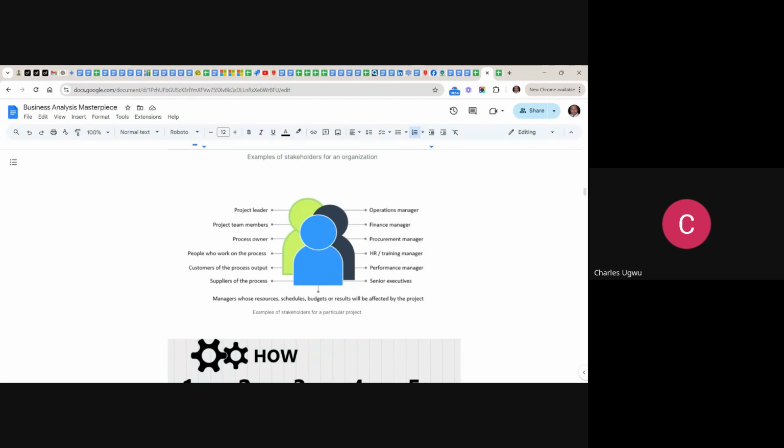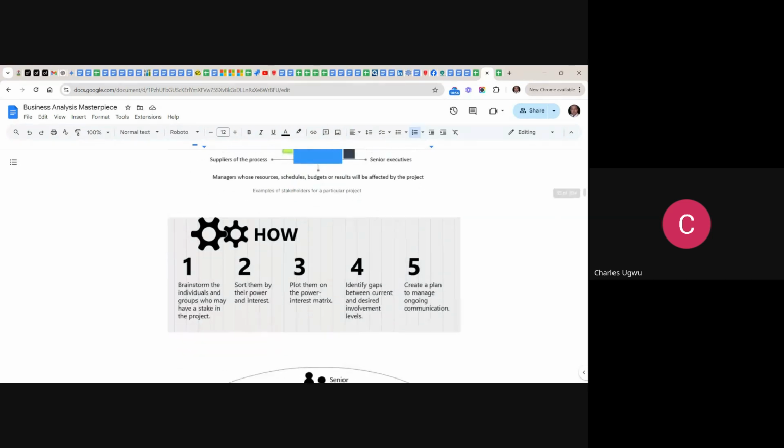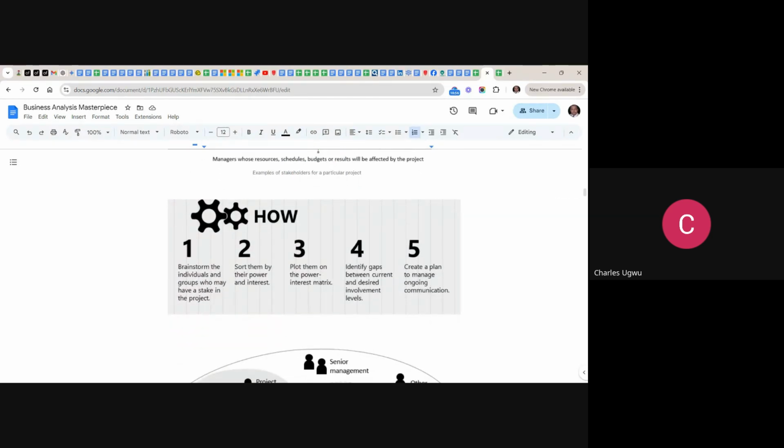These are the composition of stakeholders. So let's look bit by bit at how to identify and analyze these stakeholders, if you are working on a project, or if you are planning to start a project. Like I said earlier, the first thing is to identify. Brainstorm the individuals.